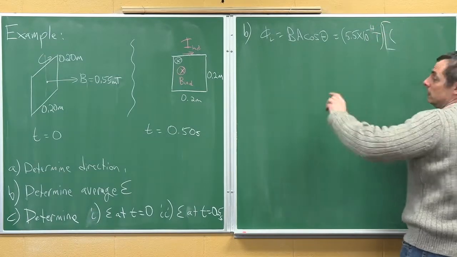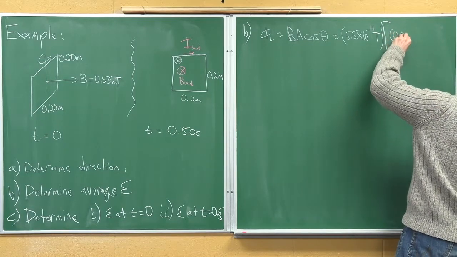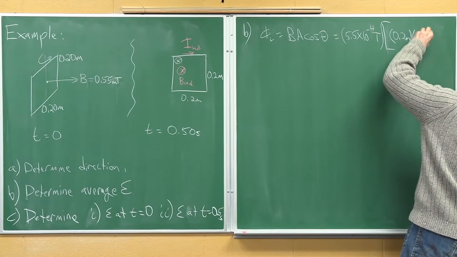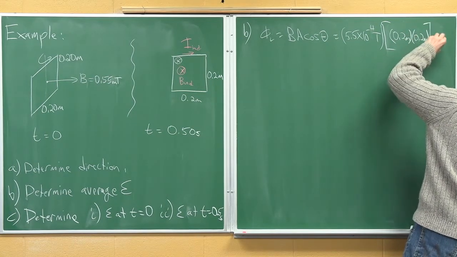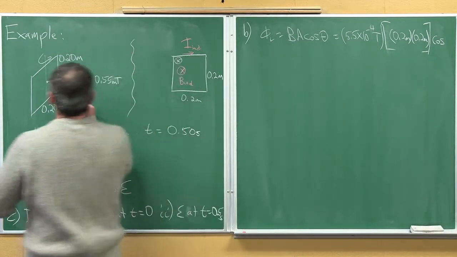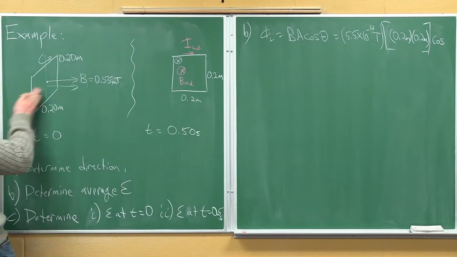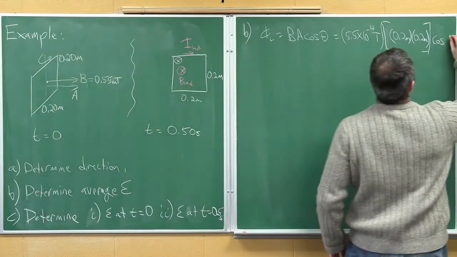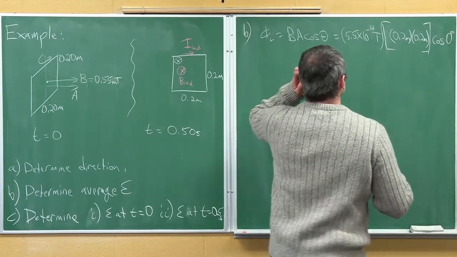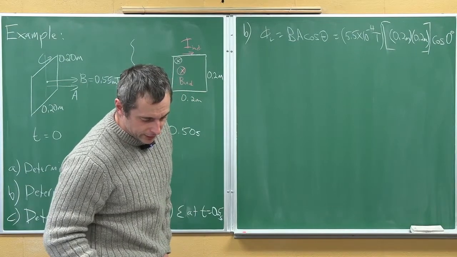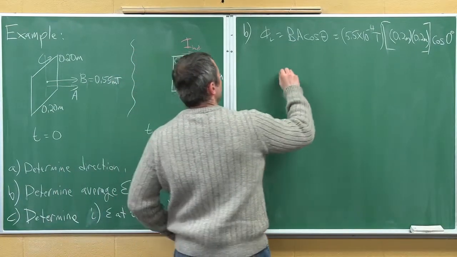The area is 0.2 meters by 0.2 meters. And then I need cosine of the angle between the area vector pointing out of the surface and the magnetic field vector, 0 degrees. So if I multiply that out, I should get 2.2 times 10 to the minus 5.